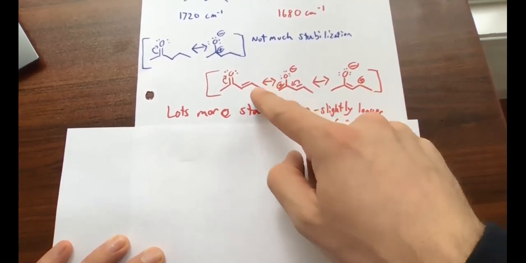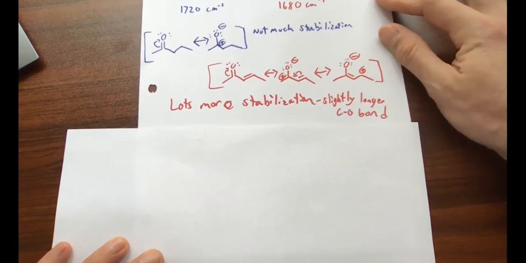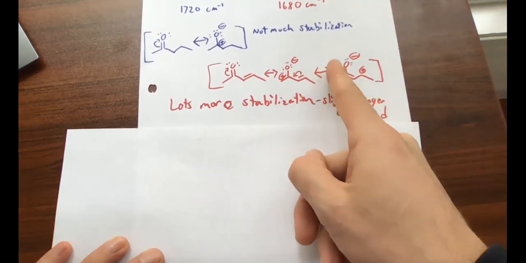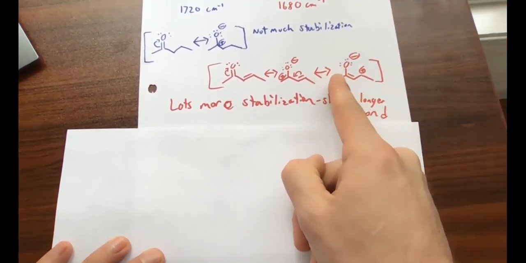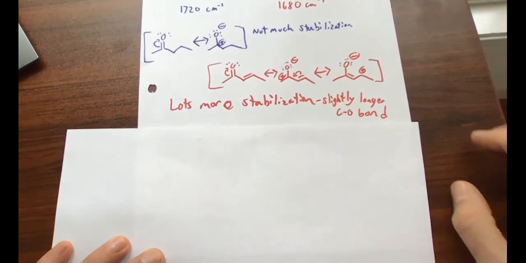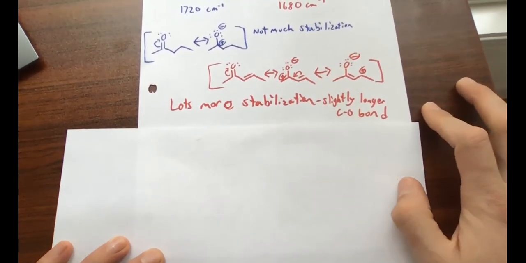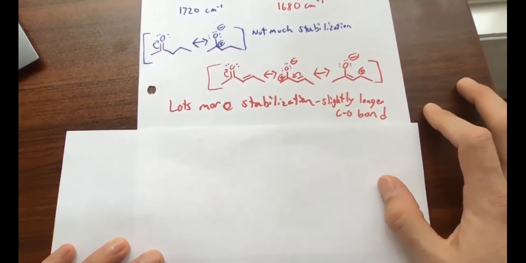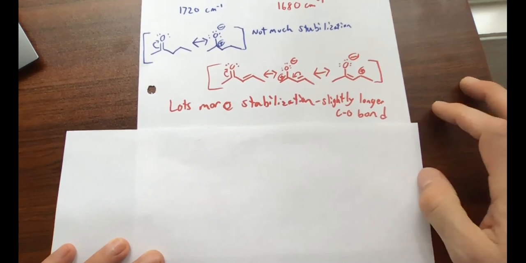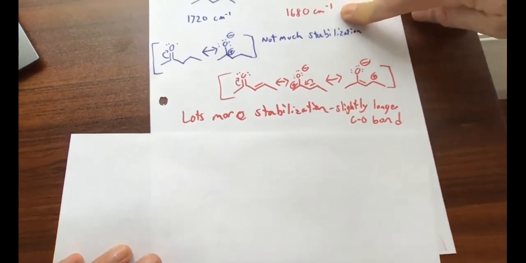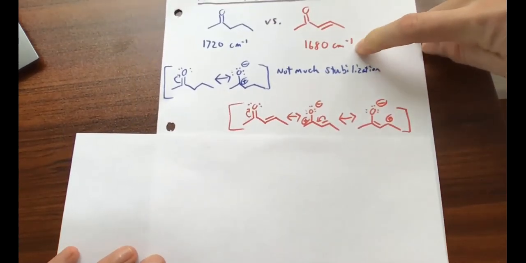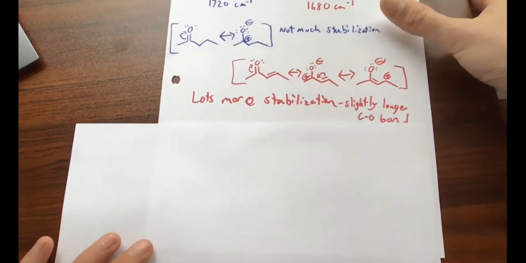So because there are more resonance structures that are valid and good, the oxygen will be more like a CO single bond. CO single bonds are longer than double bonds, and since they're longer, the bond is weaker, and that means that the characteristic frequency shifts down to 1680.